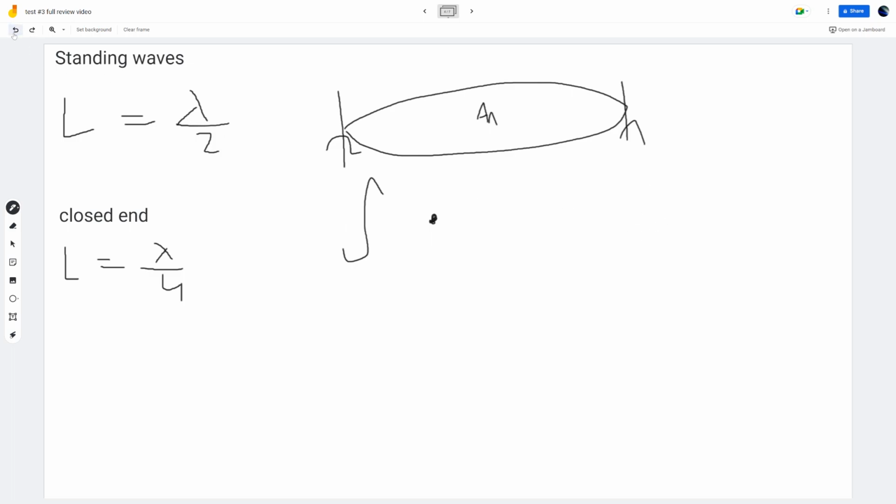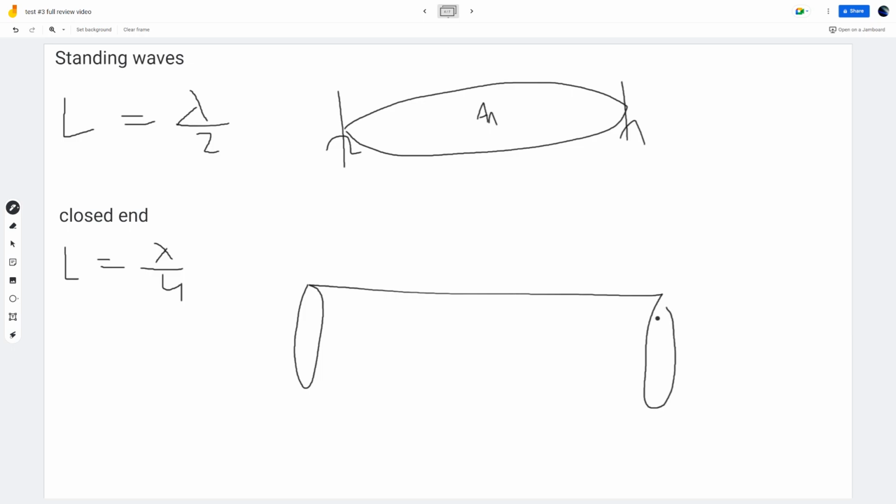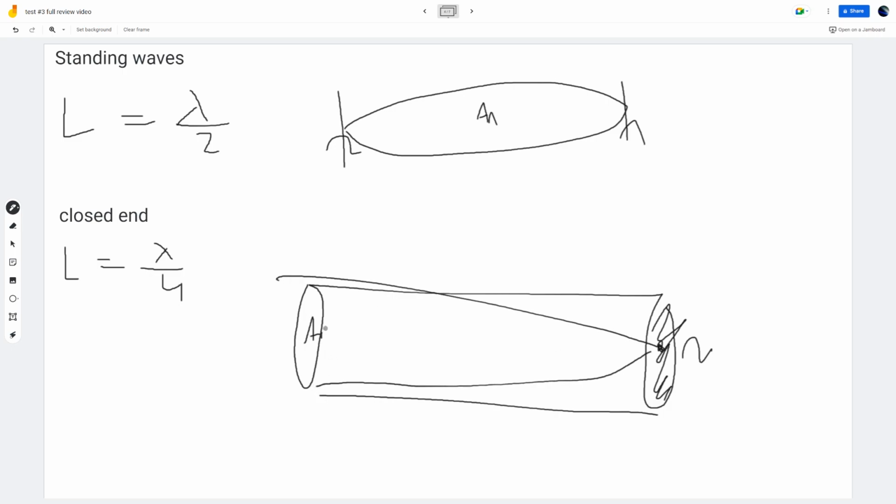And then the closed end, which he said was like a wind instrument with a closed end. So that's a closed end. Basically, the node is going to be there, and then the antinode for the first harmonic is going to be at the mouth. And for this, the wavelength is 4 times the length of this tube.